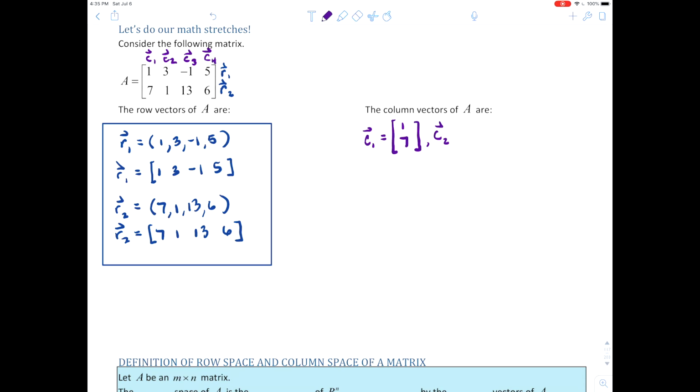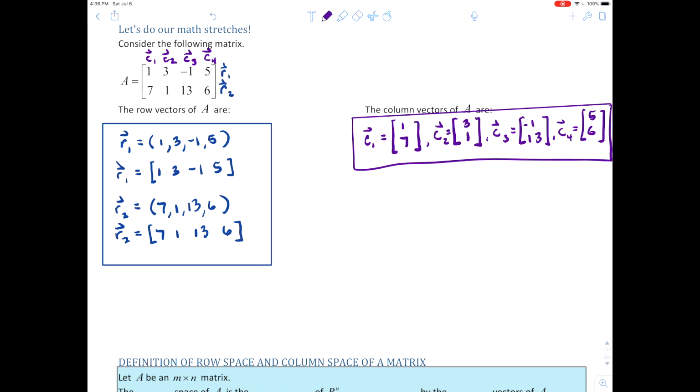Column 2 would be 3, 1. Column 3 is negative 1, 13. And column 4 is 5, 6. Cool? All right. You feel all warmed up?